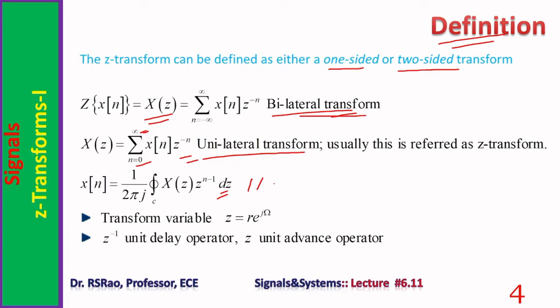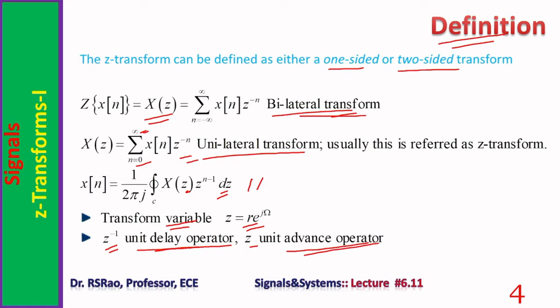Here in the definition we used z. What is z? It is a transform variable, and it is a complex quantity given by r e power j omega. Z power minus 1 is the delay operator, unit delay operator, whereas z is the unit advance operator.